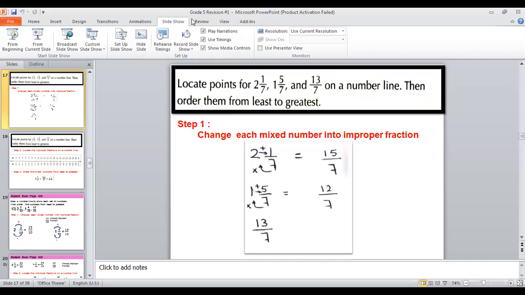I will change it to an improper fraction. How can I convert it from a mixed number to an improper fraction? Denominator times the whole part plus numerator. 7 times 2 equals 14 plus 1 equals 15.